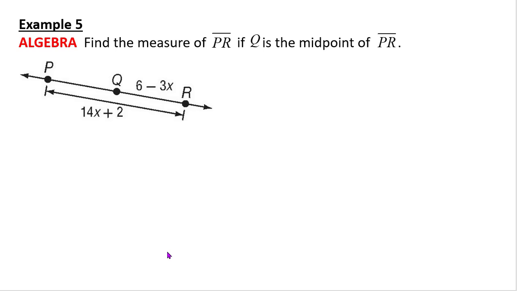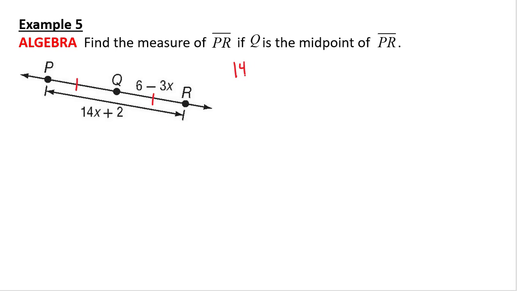On this example, you want to find the measure of PR if Q is the midpoint of PR. So Q is the midpoint. I know PQ is equal to QR because a midpoint breaks our segment up into 2 segments.